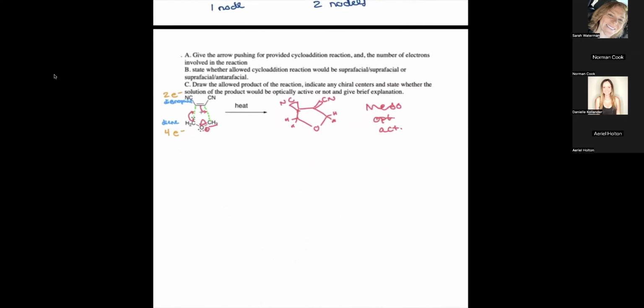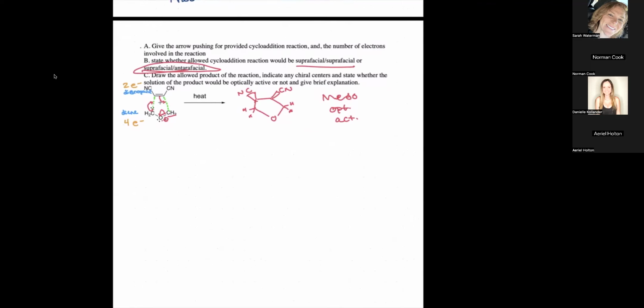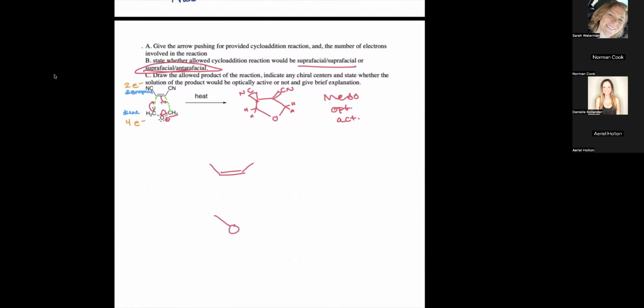so now it's asking, so state whether the reaction would be suprafacial or suprafacial and antarafacial, right? So when we're figuring that out, we need to start with our... Would it be suprafacial because it's 2 or 4n plus 2?